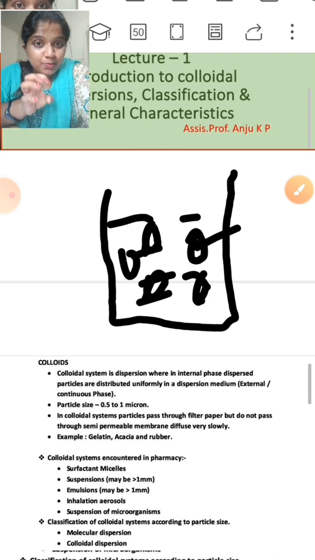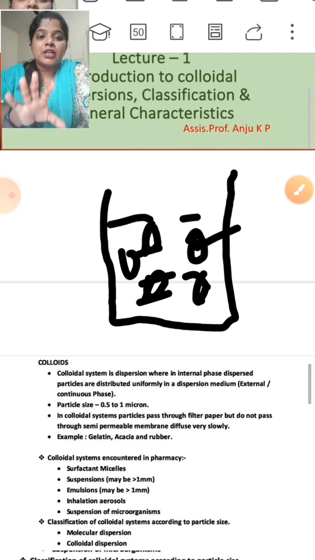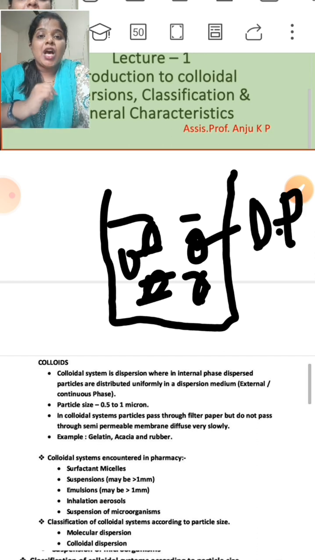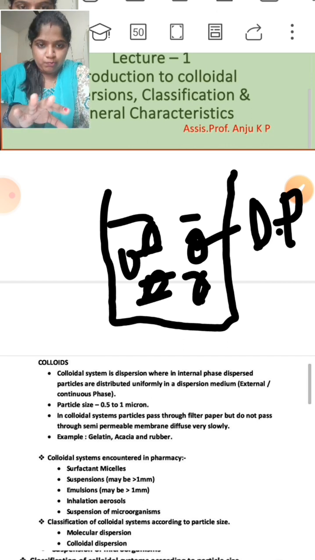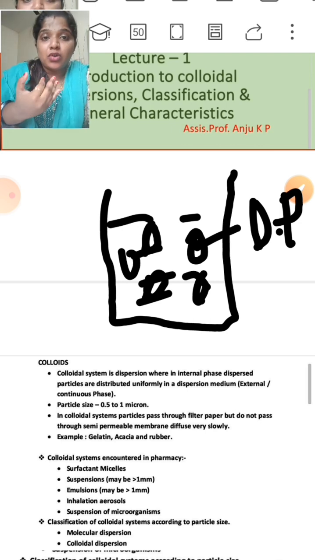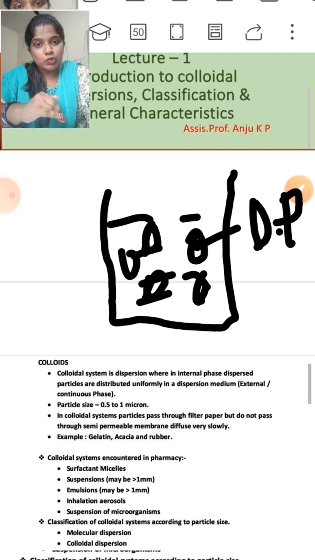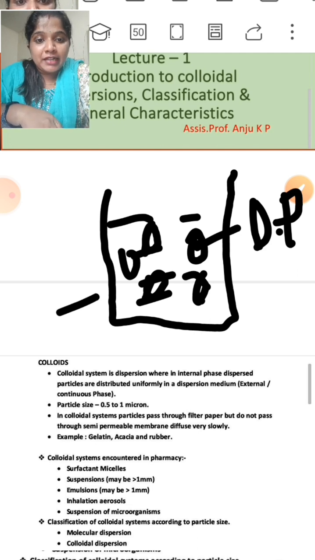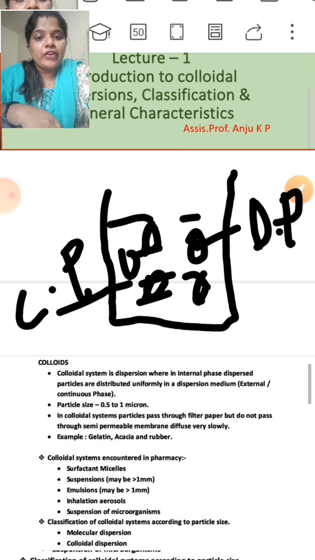What is dispersed in your continuous phase is known as the dispersed phase, or internal phase. And where it got uniformly distributed, we call the continuous phase or external phase.